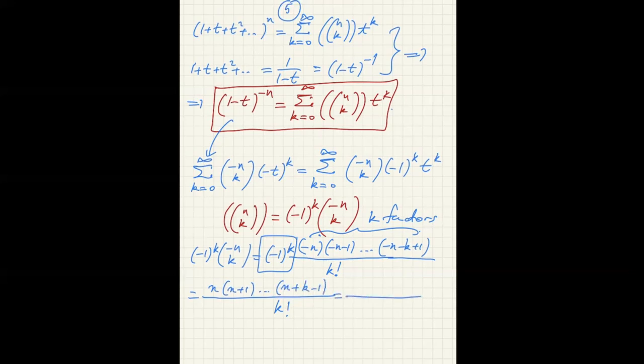And this is the same if you write it in the reverse order, from n plus k minus 1 going down all the way to n plus 1. And again, there are k factors there. It's n plus k minus 1 choose k, which is the same thing as n plus k minus 1 choose n. The formulas that we had on the previous page. Okay. All right, so that's another example of generating functions.